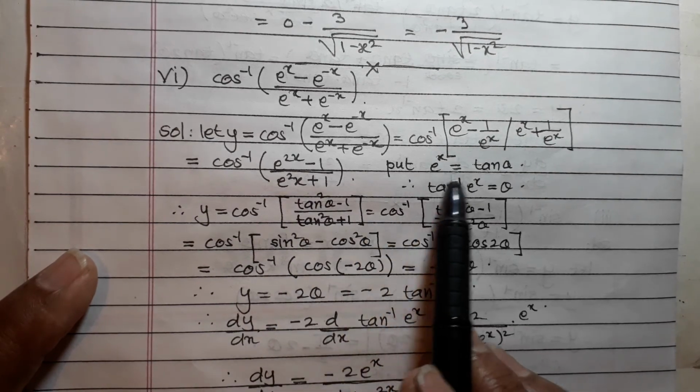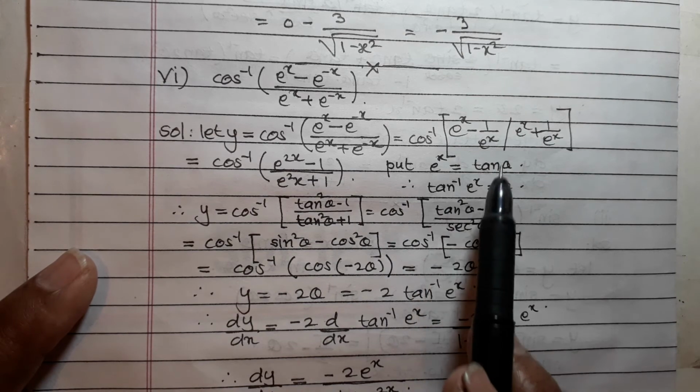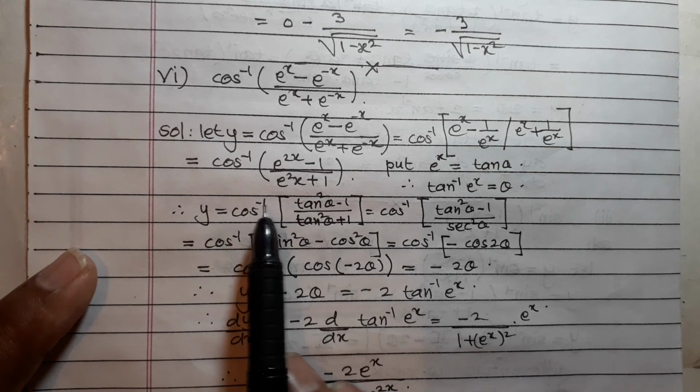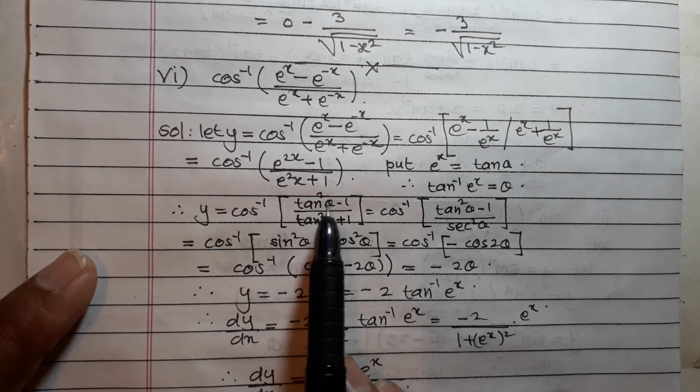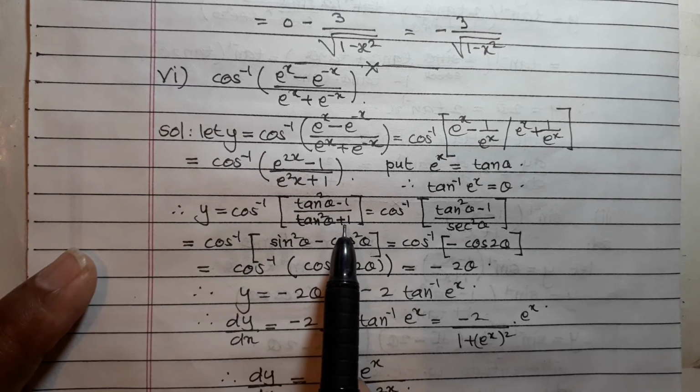Put e raised to x is equal to tan theta, and therefore tan inverse e raised to x is equal to theta. Y is equal to cos inverse of (tan square theta minus 1) upon (tan square theta plus 1).